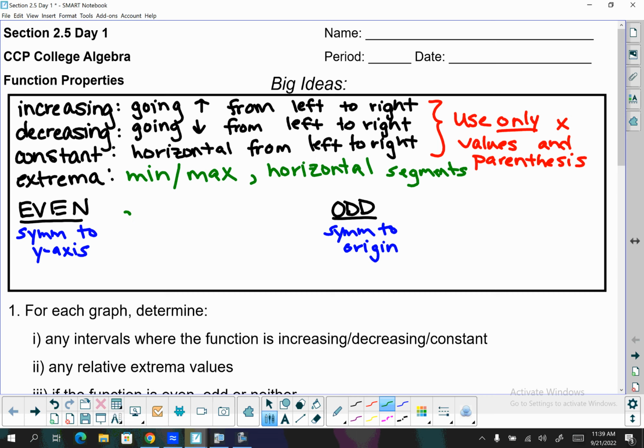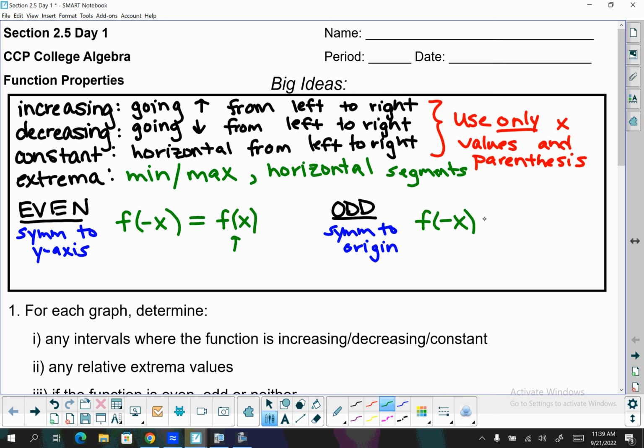All we're going to do in both cases is f of negative x. We're going to plug negative x into the equation for x. If it simplifies to f of x, the original equation, it's even.